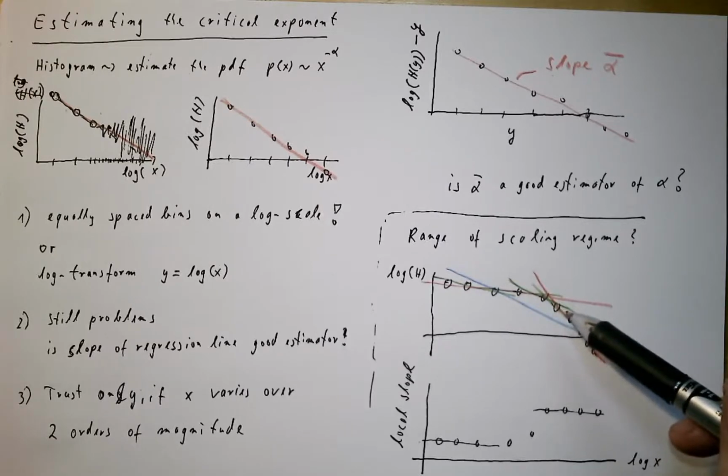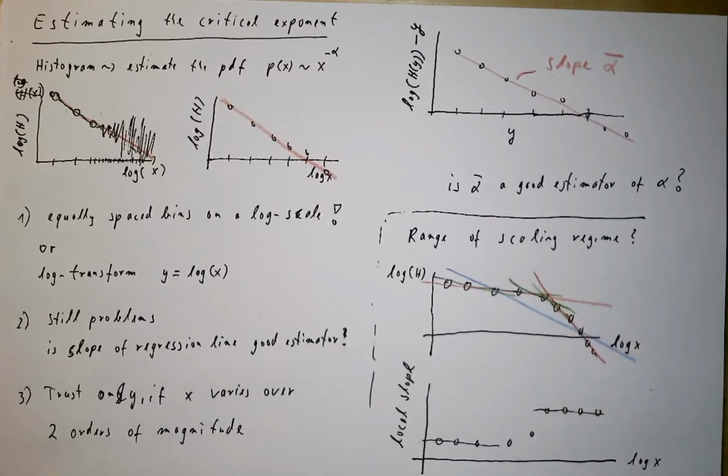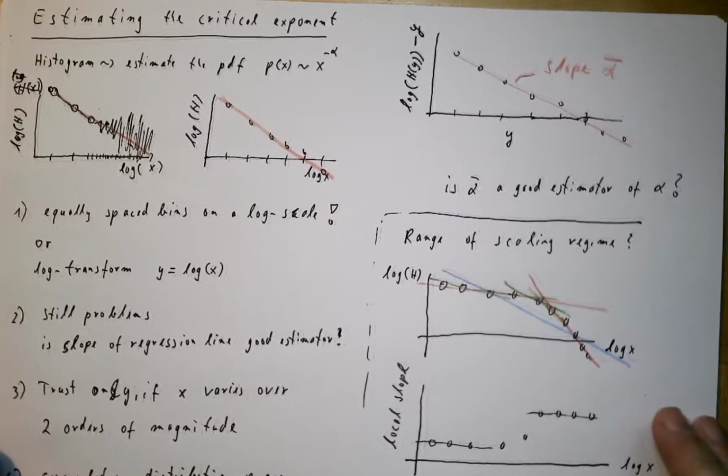Another thing: if you have a power law, then also the cumulative distribution p larger of x should also be a power law.